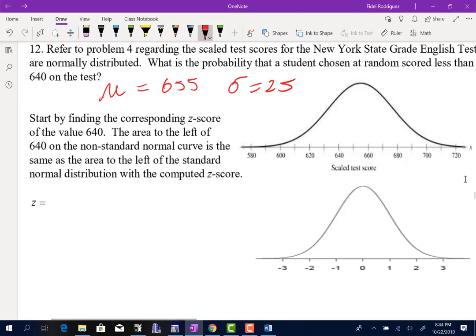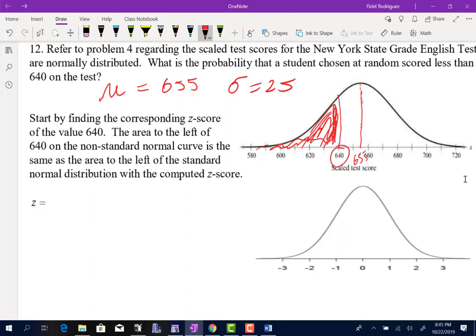Okay, so remember, when we looked at our graph here, that was our 655. We're looking for the probability that a student scored less than what number? 640, right? Isn't that number right there?